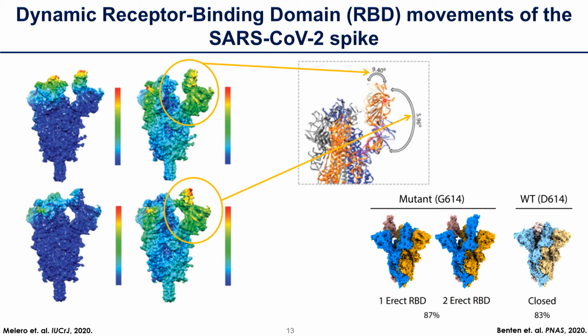And it has also been shown that some mutant spikes can show different kinds of RBD movement. For example, the mutant G614 has been shown to be more prone to this RBD open conformation than the wild type spike, which is the D614 spike.